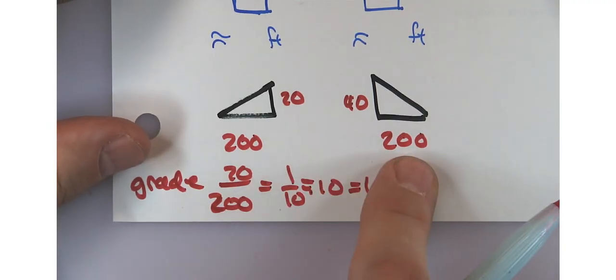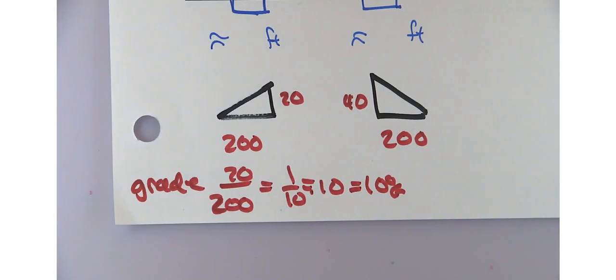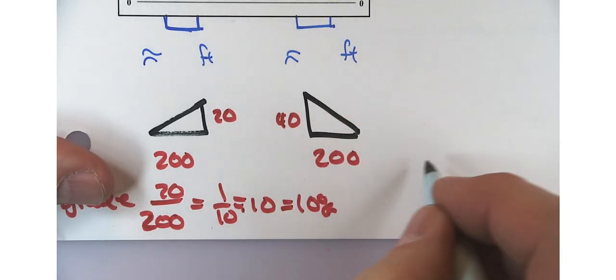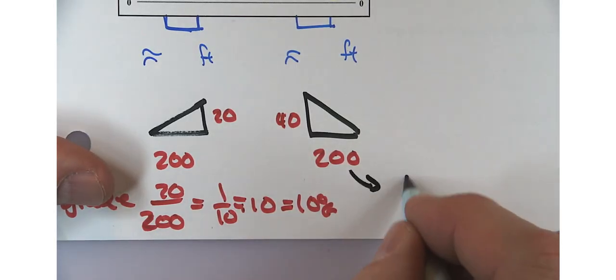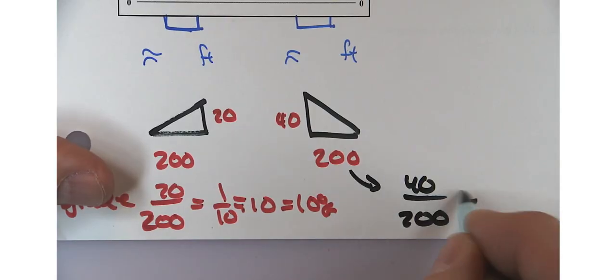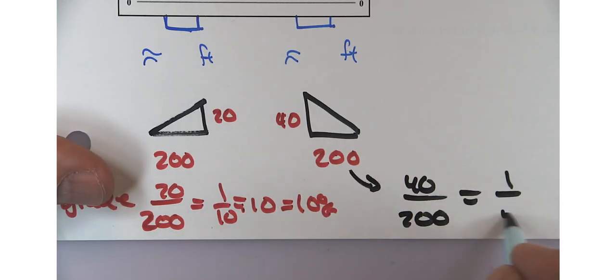What do you suppose the grade of the second one's going to be? It's a good question. So the second one is going to be 40 over 200. 40 divides 40 once, and 40 goes in here 5 times, or 0.20, or 20%.